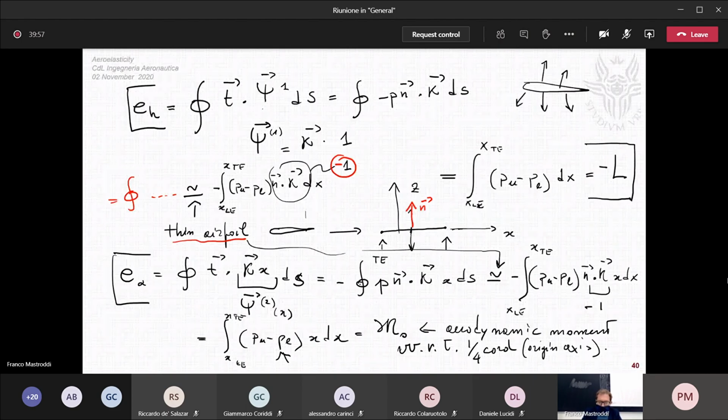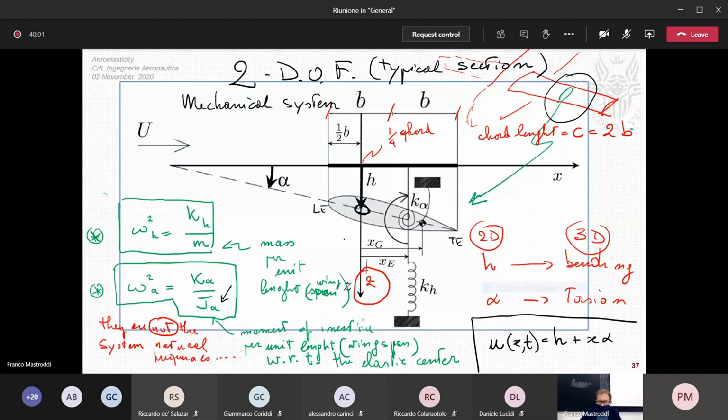What about the aerodynamic moment of an airfoil with respect to 1/4 of chord? For a straight airfoil, not this, but a very thin airfoil, and with no curvature, so a straight and thin airfoil. What about the aerodynamic moment with respect to this characteristic point?